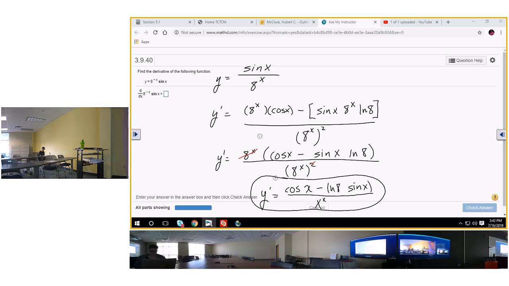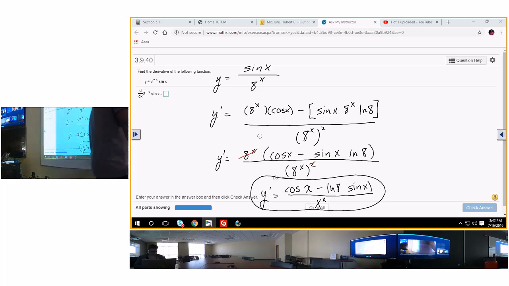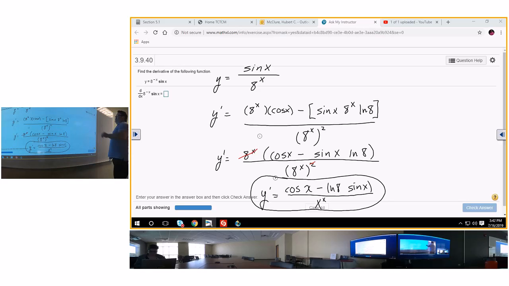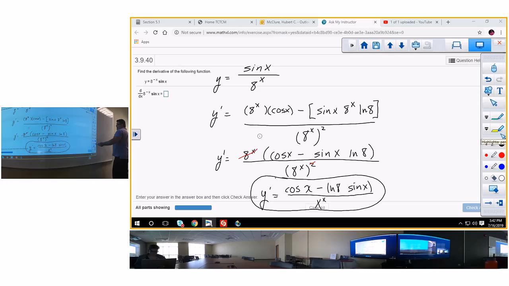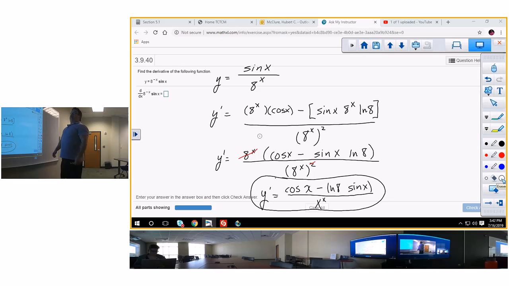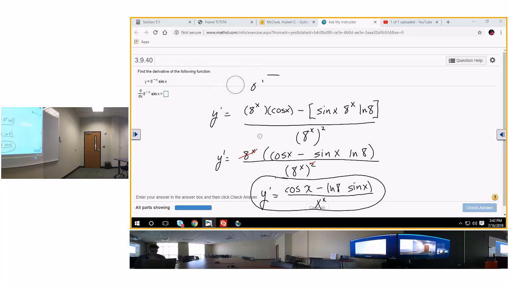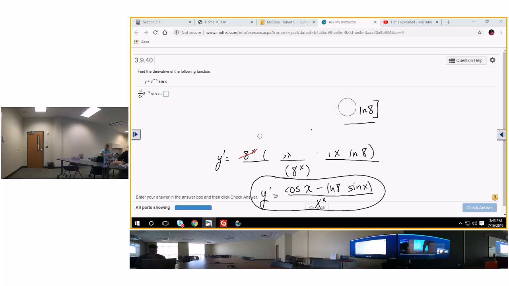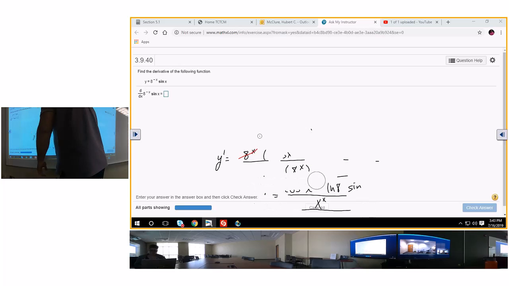Can anybody tell me why the product rule might be a little trickier? Anybody want to take a stab at it? It's in the original write-up right there. It's right there, staring you in the face. Anybody want to take a stab at it?